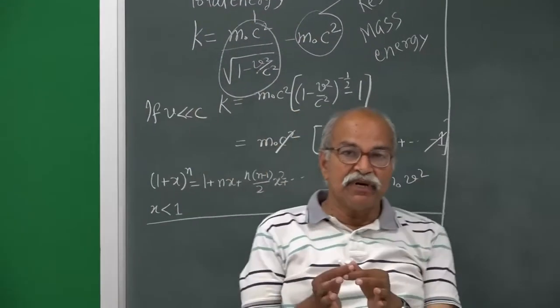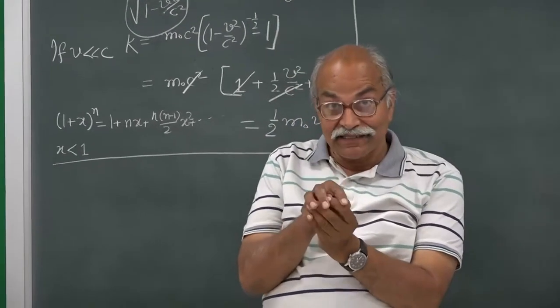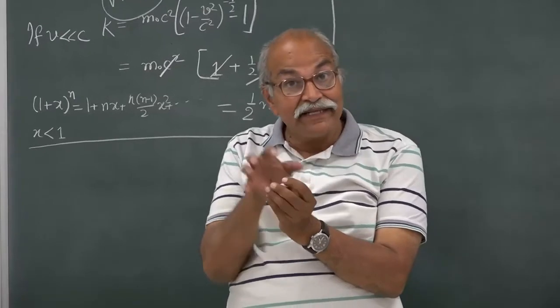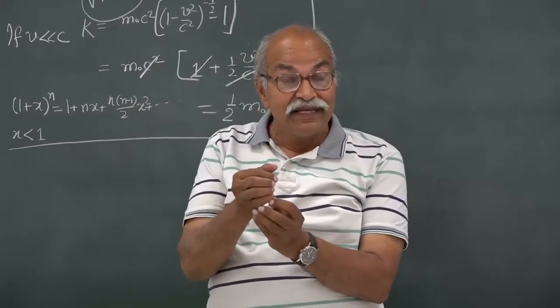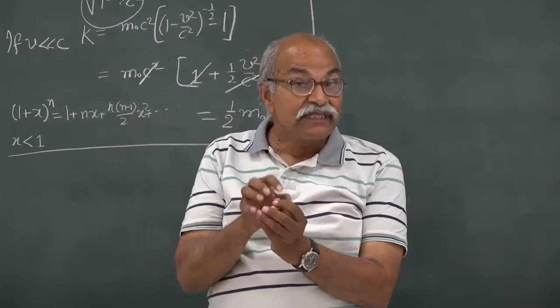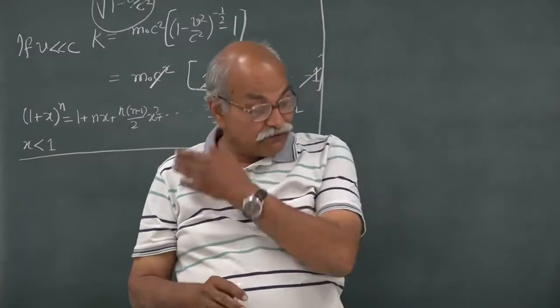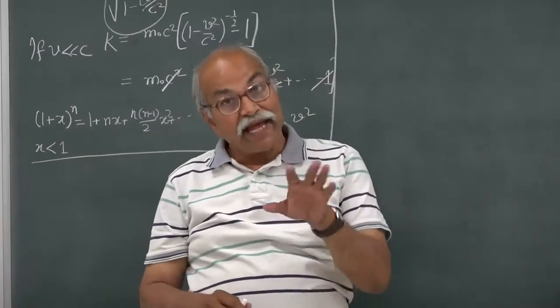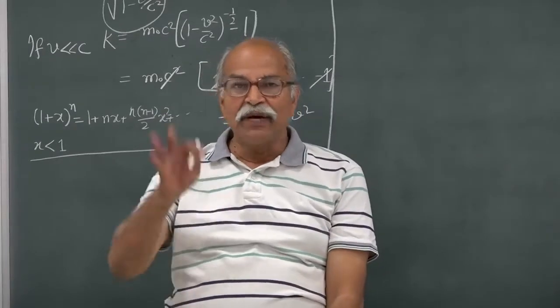If I have a particle which is not moving, we still say that it has energy, and that energy is its rest mass energy. Because of the mass there is an energy, and that energy is m naught rest mass into c square, and you give kinetic energy that is added on top of this rest mass energy. So, for a single particle it is fine.